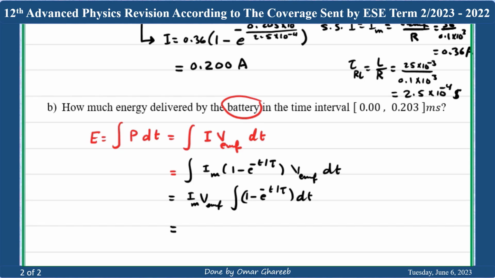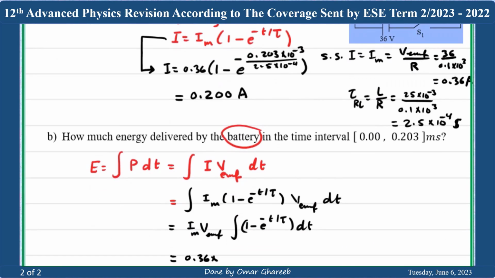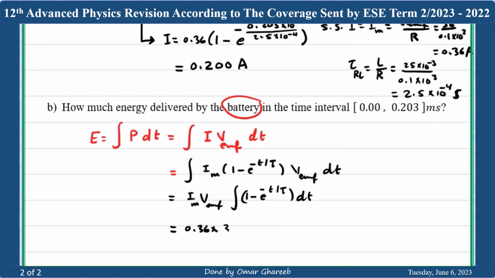Now let's substitute. I maximum is 0.36. The battery is 36 volt. Integration, the time from 0 to 0.203 millisecond, of 1 minus e to the minus t, it is our variable, over the time constant, which is 2.5 times 10 to the minus 4, all dt.